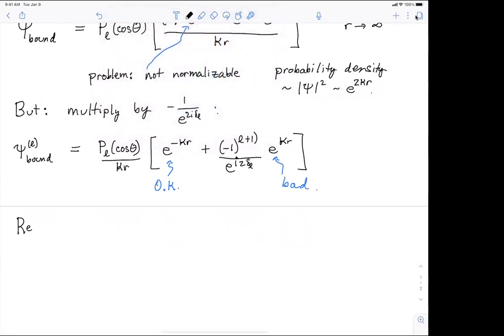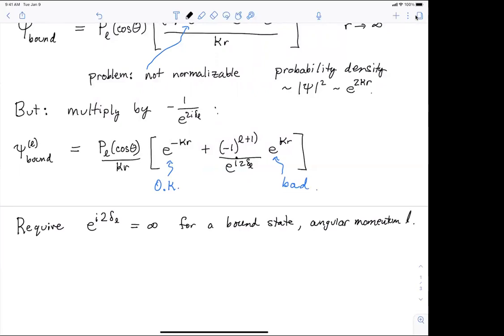So we require e^(2iδ_L) equals infinity for a bound state with angular momentum L. Okay, and so the lesson of this is, let's say you're given the potential, you solve the scattering problem, and you find the phase shift for a given angular momentum, sort of like we did in a previous lecture for the case of hard sphere scattering.